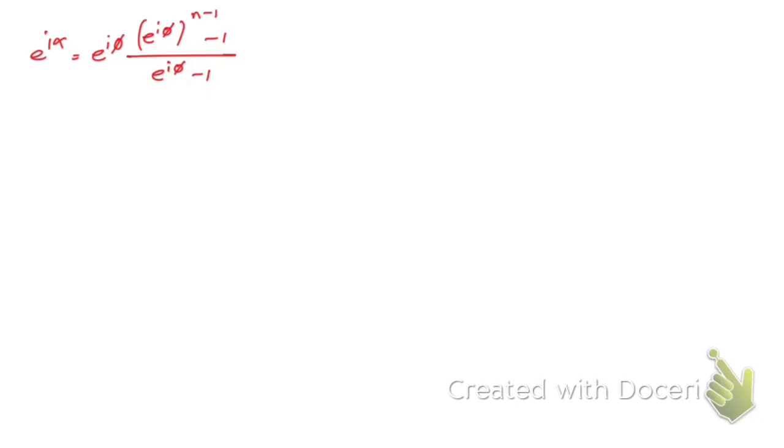First, you see, e to the power i phi whole to the power n minus 1 can be written as n minus 1 by 2 plus n minus 1 by 2, right?